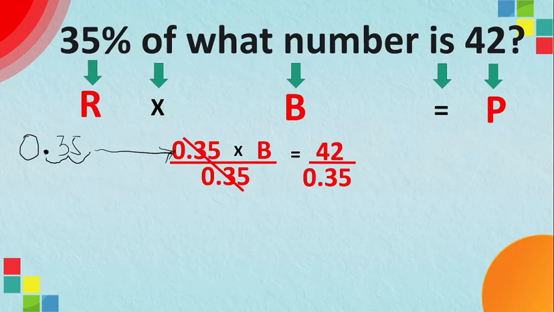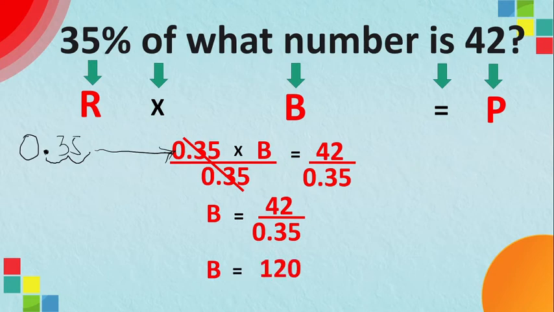So what is left is B equals 42 divided by 0.35. If we divide that, what we get will be 120. So the base is 120. We can name that "what number" as 120.